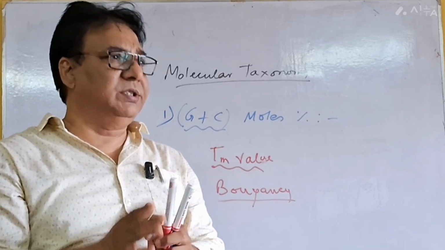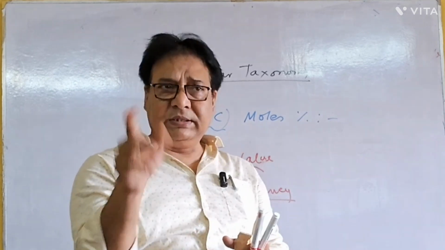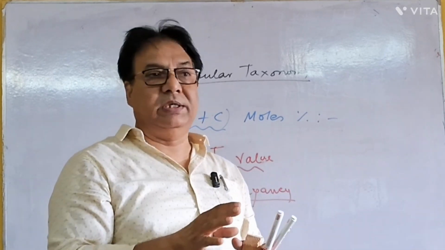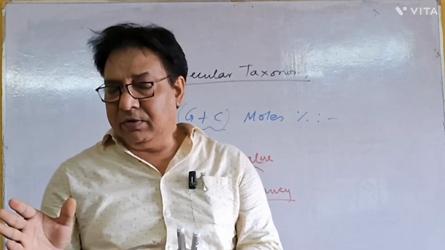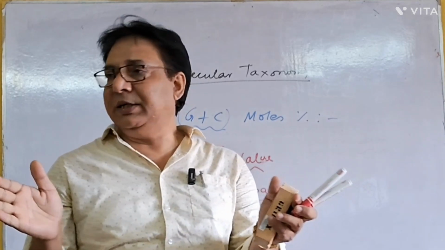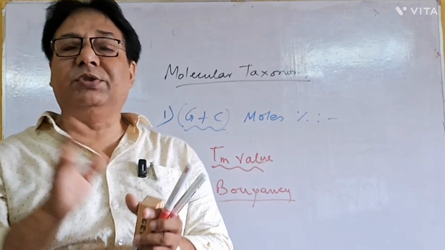So there is a direct relationship with the temperature. Tm value is the temperature at which the DNA is half melted, you can say. When you are raising the temperature, the DNA is getting melted. When it is half melted, that temperature is called the Tm value.